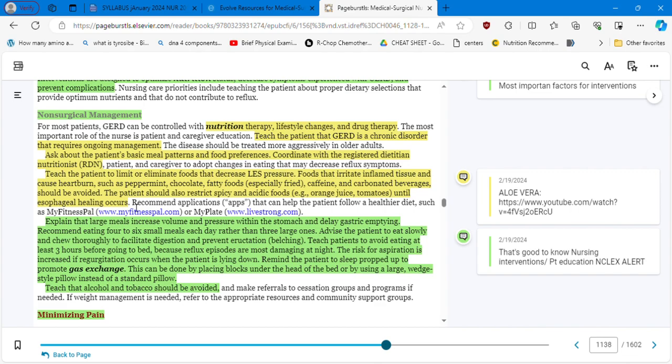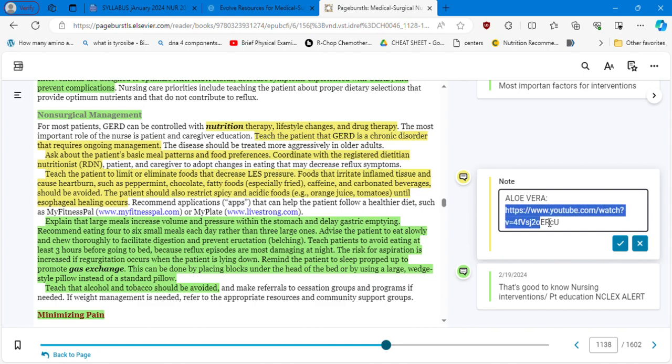And then you put some spices on it, right? So you're going to have problems with GERD. One of the things that I wanted to mention is the inclusion of aloe vera, okay, that is going to heal the tissue.